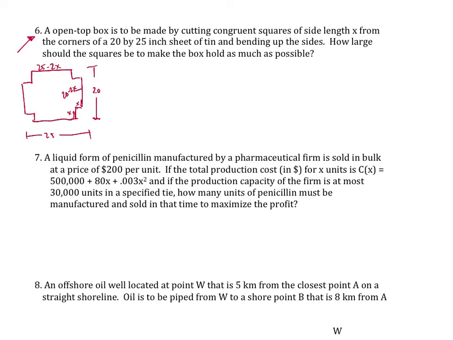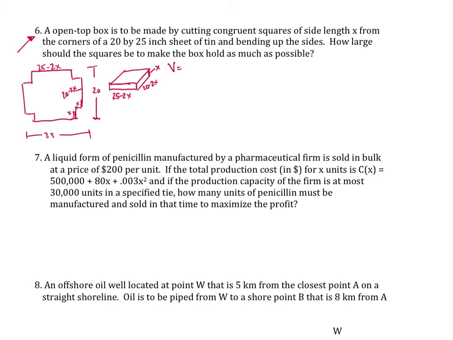So I fold the corners up and I make that box. This piece will be 25 minus 2x, this will be 20 minus 2x, and this height right there will be the x. So if we want to find how much it can hold, we are looking at the volume.